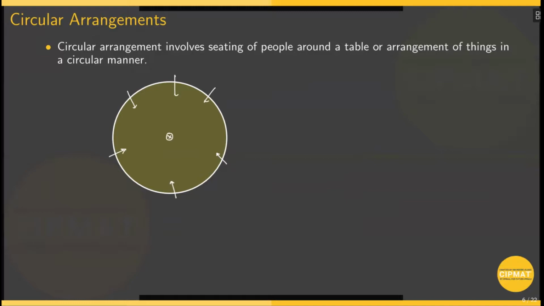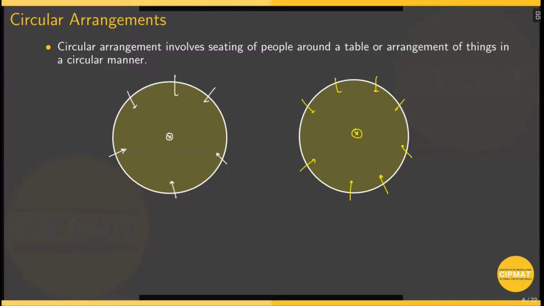If suppose there are 6 people, then this is how you're going to draw. If suppose there are, let's say, 8 people, then in that particular case you can draw it in this way: 1, 2, 3, 4, 5, 6, 7 and 8. In this way you can draw them, and of course ensure that they are facing the center of the table.